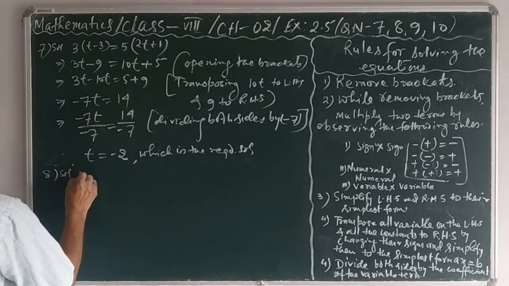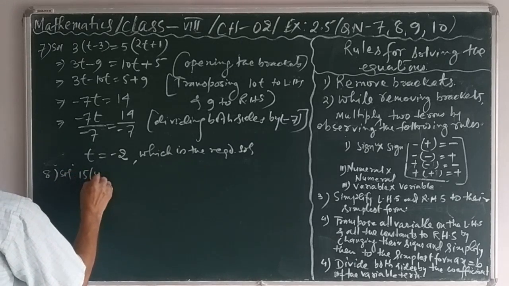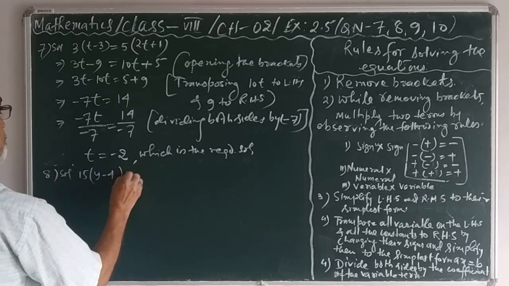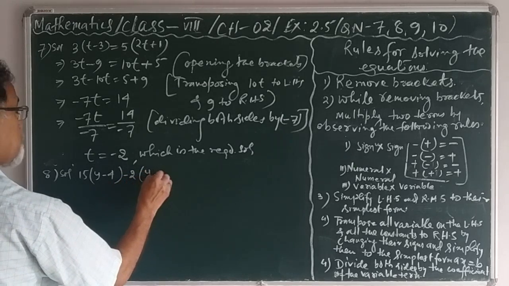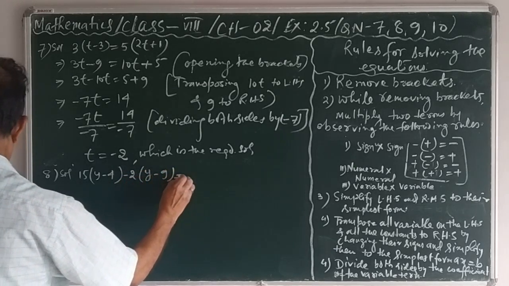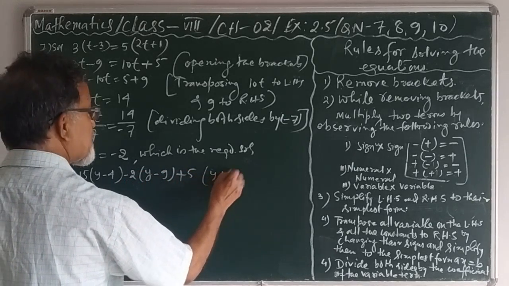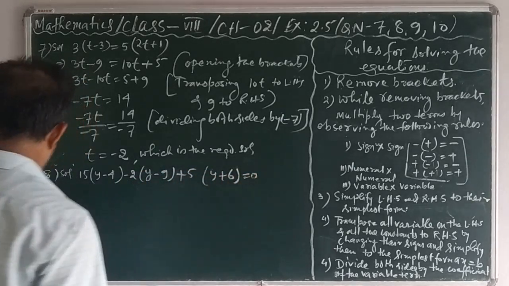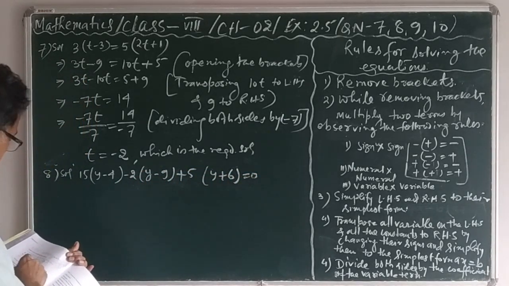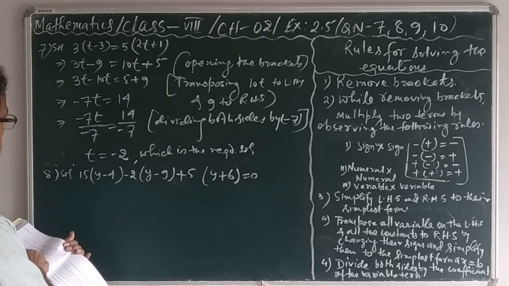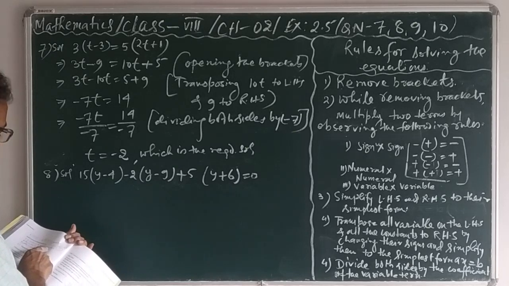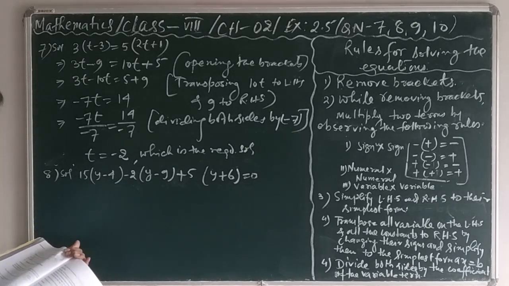Solution: 15 into y minus 4 minus 2 into y minus 9 plus 5 into y plus 6 equal to 0. Once again I am going to check the question: 15 into y minus 4, minus 2 into y minus 9, and plus 5 into y plus 6 equal to 0.